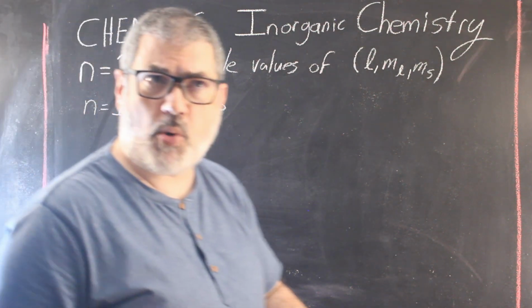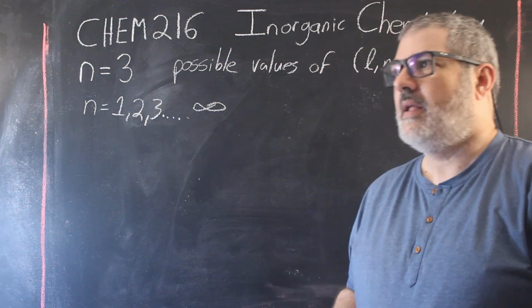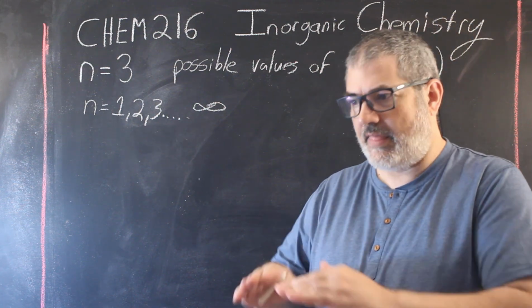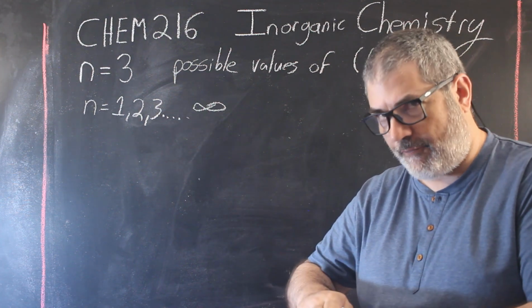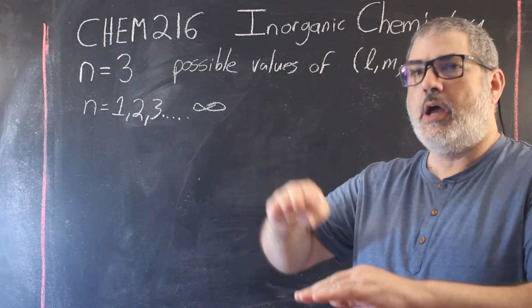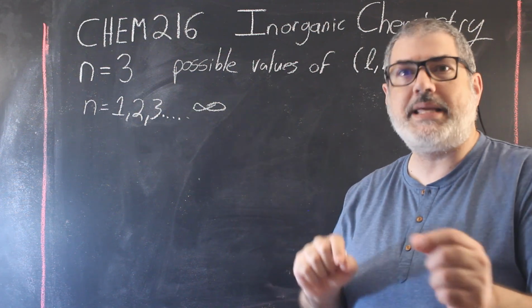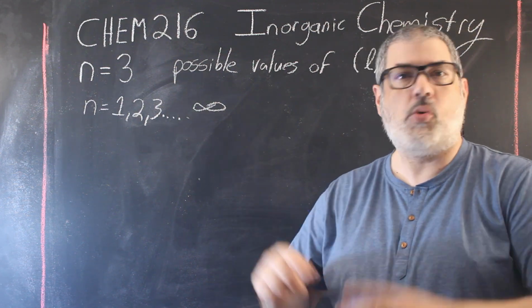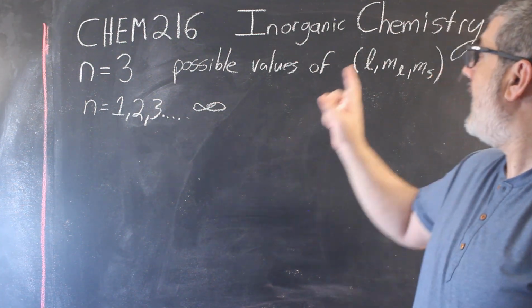You can't have 1.5, 2.3, it has to be an integer. The concept of quanta, that energy is transferred in packets. So you go from the first level to the third level, or the second level to the 17th level, but you can never be at level 4.3 or any non-integer value. Okay? That's a core of quantum mechanics.